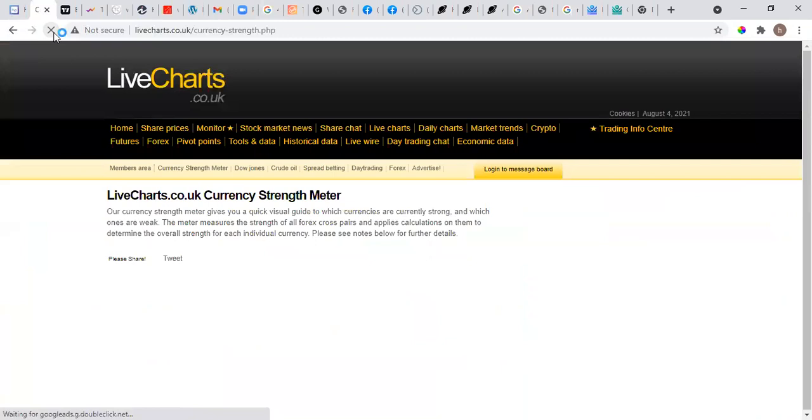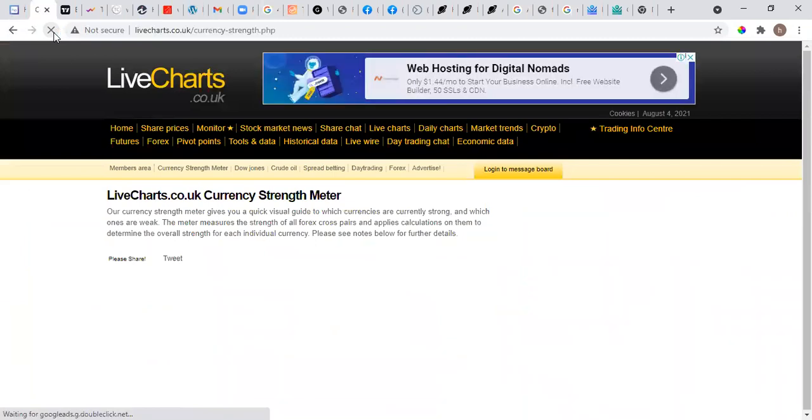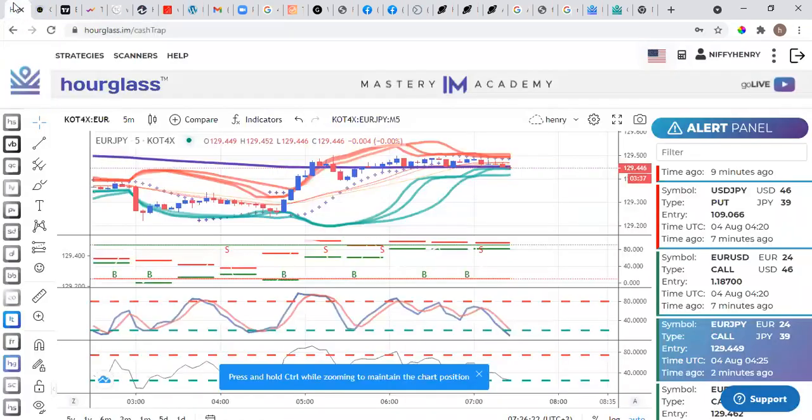Let me refresh my currency strength meter. You can just use the hourglass. If you look at this area, you see the currency strength. Euro is 24, JPY is 39, and Euro is way stronger.